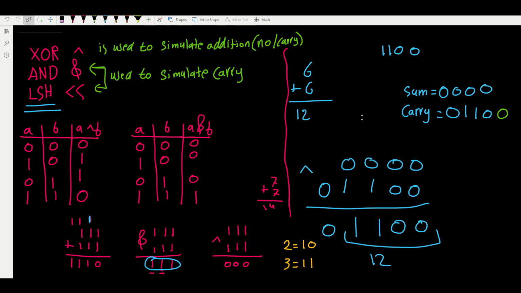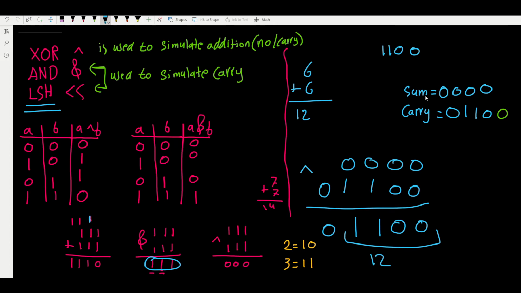Okay, that's it. Now, there is one last thing that we need to look at, but we will explain it when we write the code. But an overview of that thing is the following. When we compute the sum and we compute the carry, then of course we add the sum to the carry. In this case, we got the result. But remember, whenever we add two numbers, there is a chance that we will produce a carry.